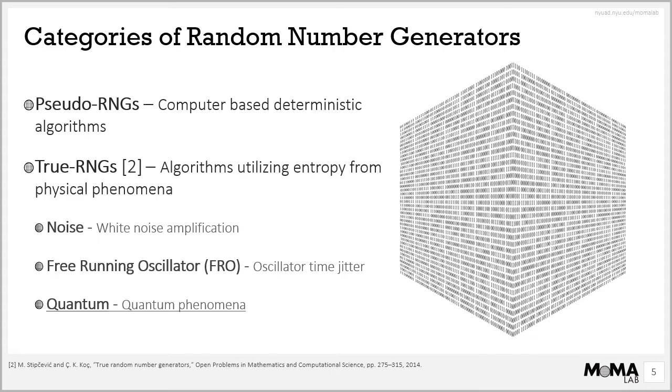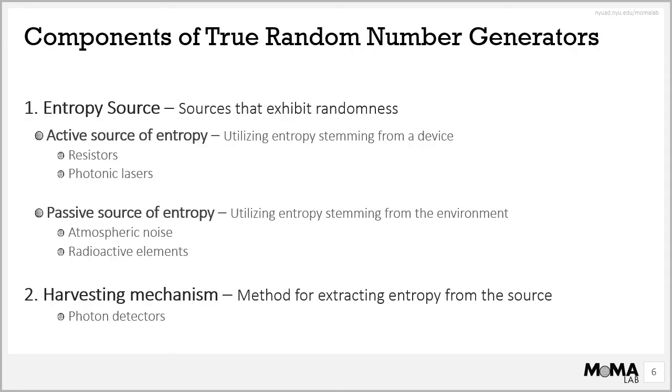Since our proposed solution can also be categorized as quantum RNG, I would like to focus a little bit more on this section. But before I do that, I would like to talk a little bit about the components of true random number generators. It is important to mention that true RNGs consist of two major components, an entropy source and the harvesting mechanism.